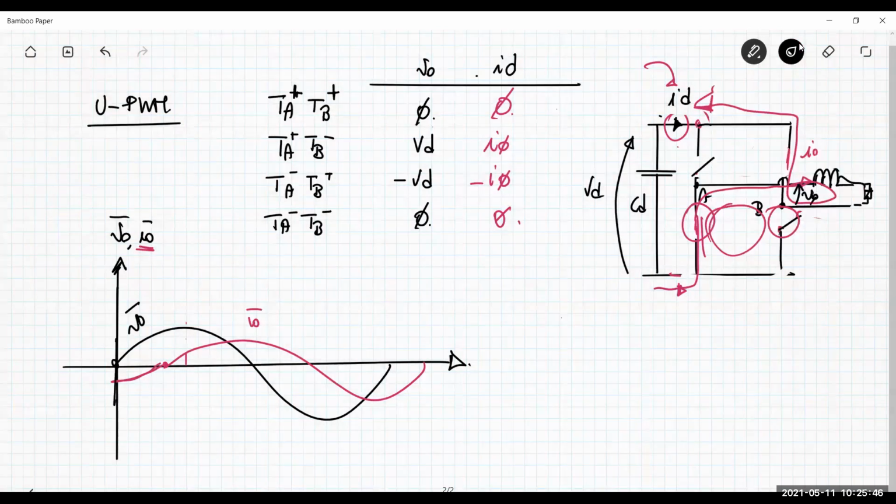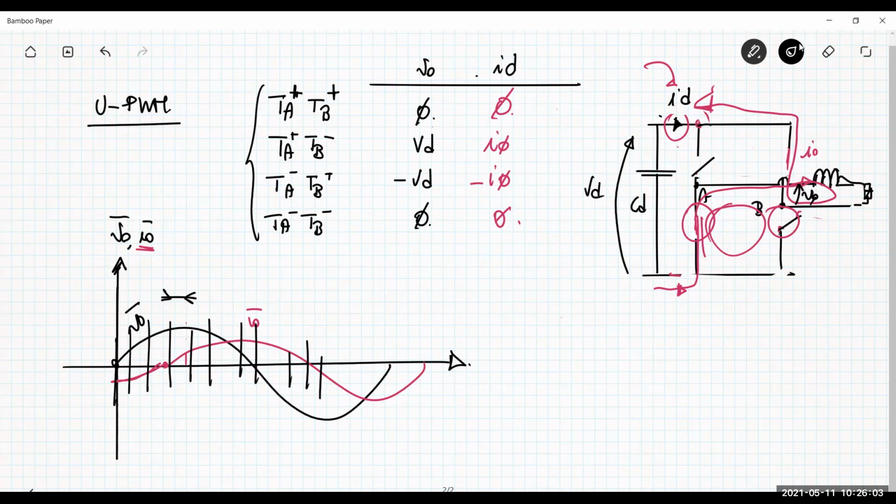You also know that all of this depends on a switching interval, so you can have something like this. Each of these intervals is a time frame in which you have a different combination of the switches. For example, when you have TA plus and TB plus on, the output voltage is null and the input current is null.